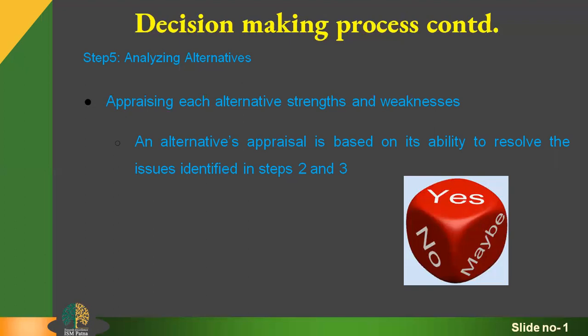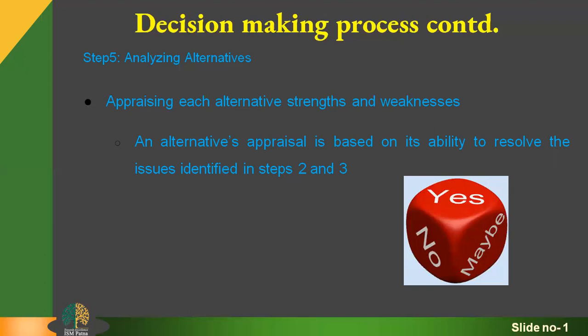It is the time when the decision maker should analyze whether to go with the recommendation of option A or alternative A, B or C, or whether some alternative has a clear directive.